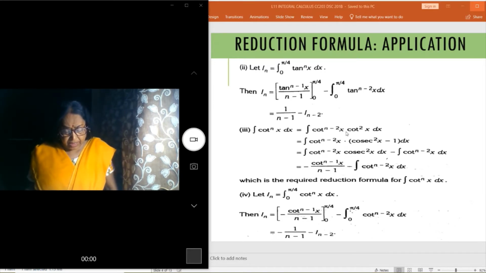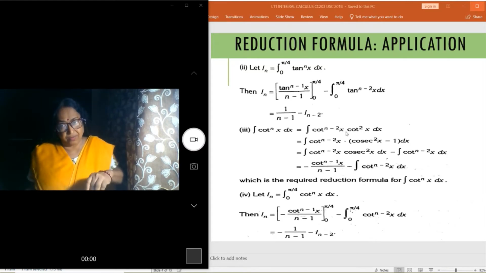I5. I5 is equal to integral of tan to the power 5 x dx. If the limit is from 0 to pi by 4, then we can write it as 1 by 5 minus 1 minus I n minus 2, that is 5 minus 2, I3. Again, I3 can be written as 1 by 3 minus 1 minus I3 minus 2, that is I1.